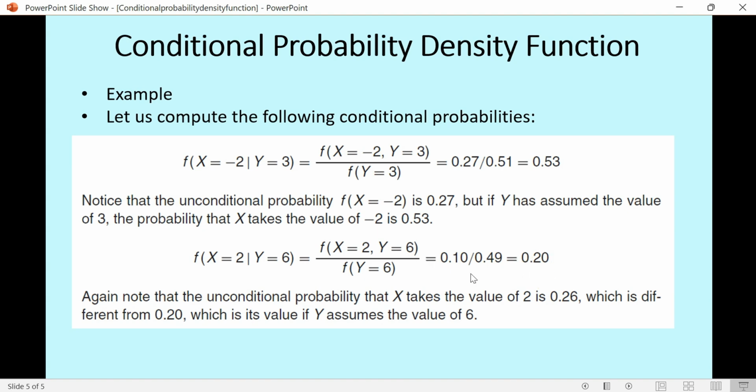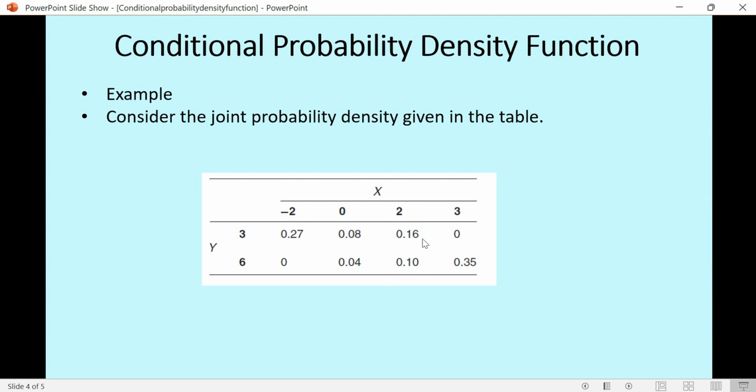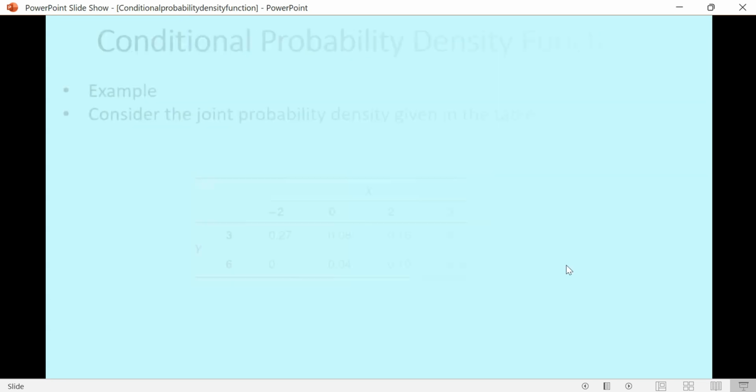You can see that if we have no information about the y value, the probability of x equals 2, given by this column sum, is about 0.26.